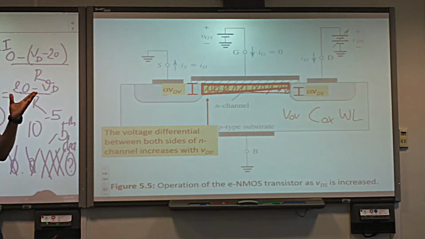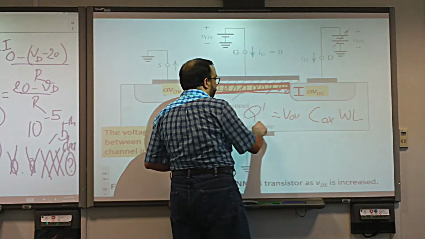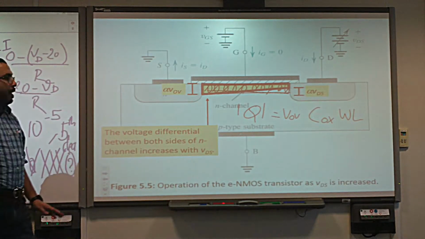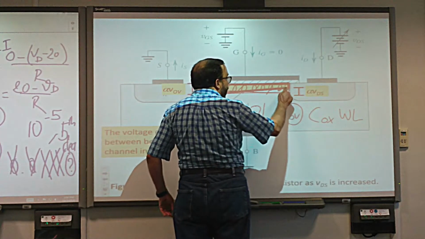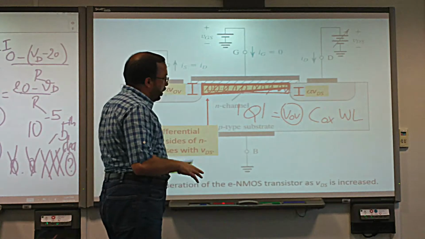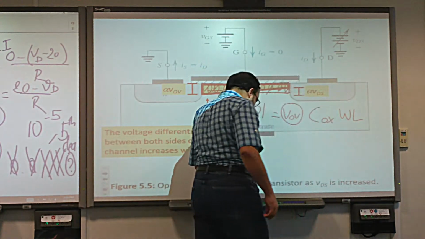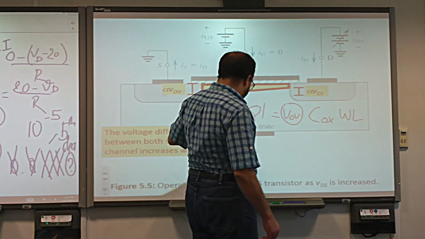All right, that's how we started the argument: Q, that is stored inside the channel initially. But as I said, initially we assumed that V overdrive is the voltage at every single point along the channel. Now, this is before, when VDS is small. Now, when VDS increases, what will happen?